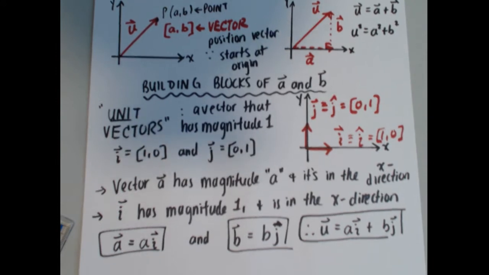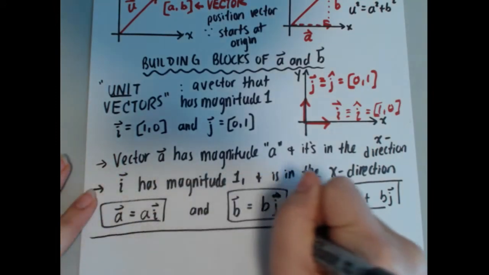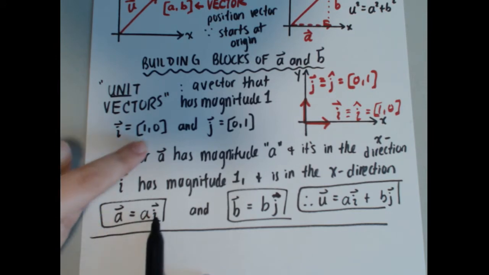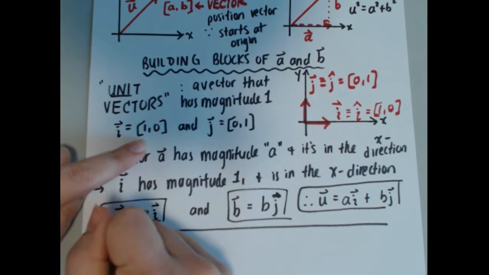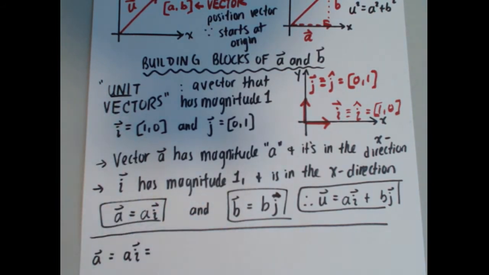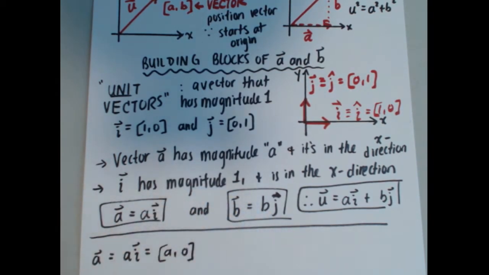So let's actually look at this in a little bit more detail. What if I wanted to take my vectors and split them up? After all, I'm saying that A is equal to magnitude A in the I direction, and I is (1, 0). So if A is equal to A times I, that means I have (A, 0) effectively as my vector.